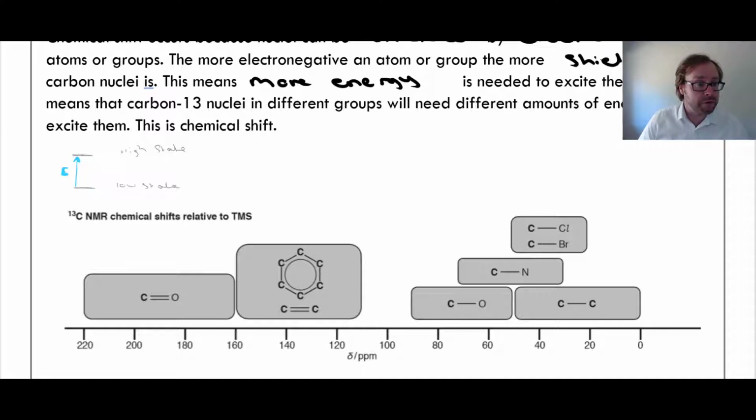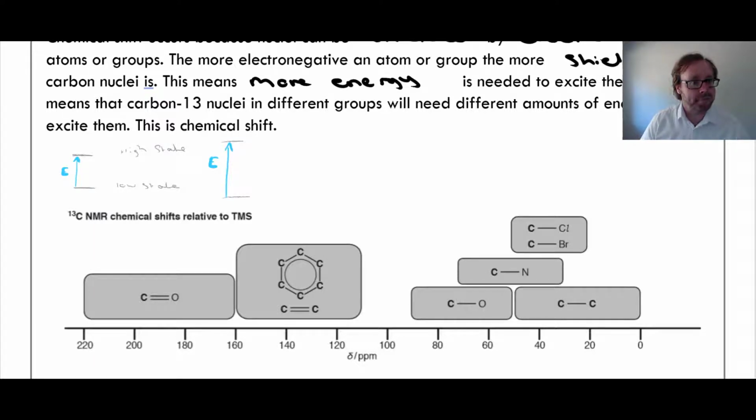However, if that nuclei is surrounded by electronegative groups or atoms, it will require more energy to promote my nucleon into the high state. And this is really what chemical shift is. I don't want to go into much more detail, but that's basically what it means.